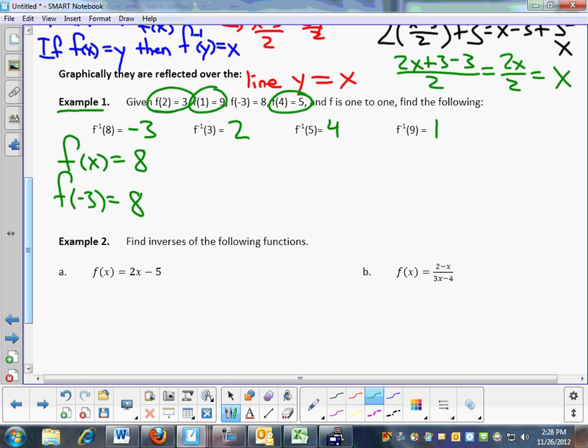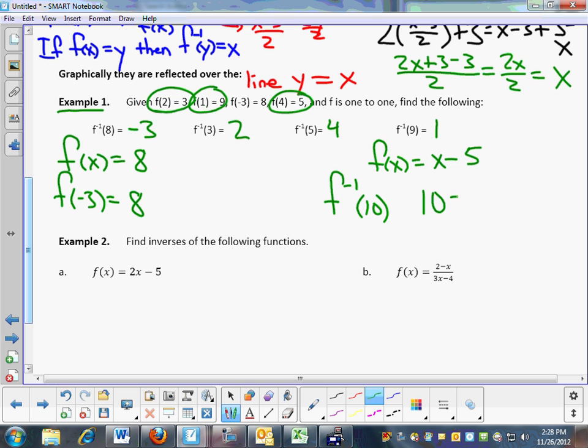What if your book said f of x is equal to x minus 5, and your book said find f inverse of 10? That's saying what input would give you an output of 10, right?